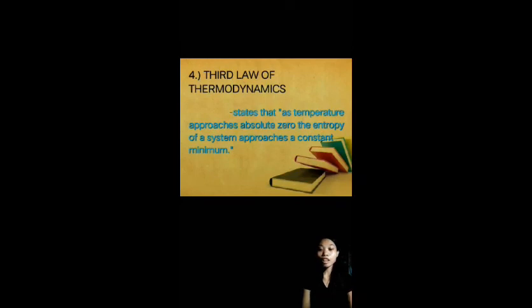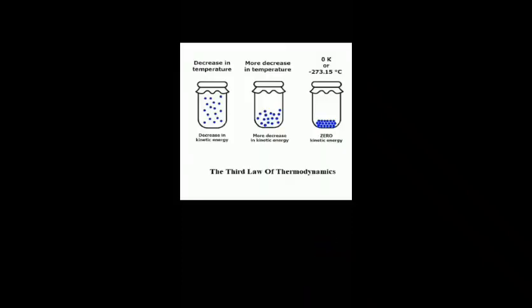And the last law of thermodynamics is the third law of thermodynamics. The third law of thermodynamics states that as temperature approaches absolute zero, the entropy of a system approaches a constant minimum. Here is an example of the third law. As you can see in the first picture, there is a decrease in temperature.